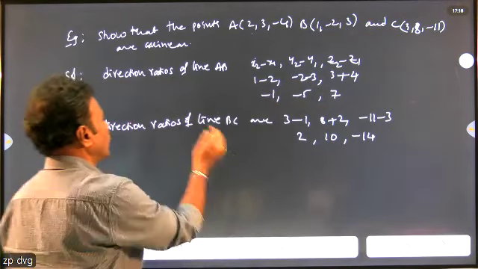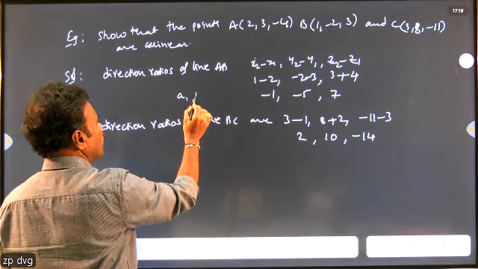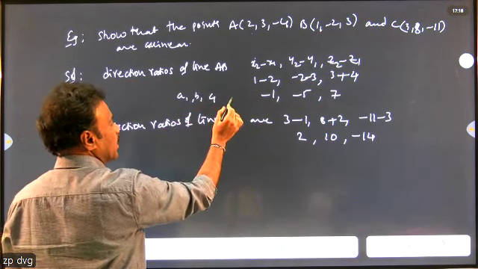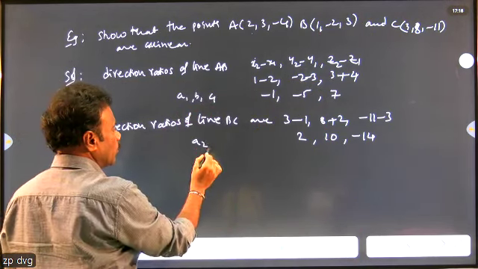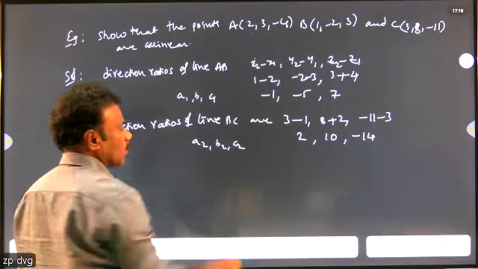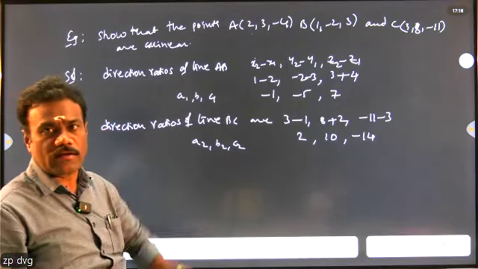Now, these are A1, B1, C1 and these are A2, B2, C2. Let us see whether they are proportional.